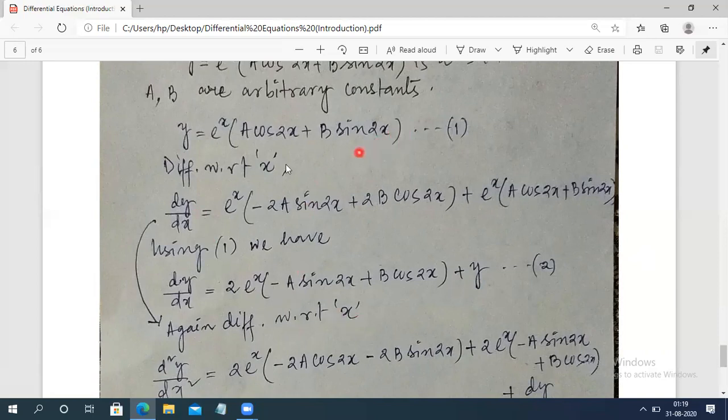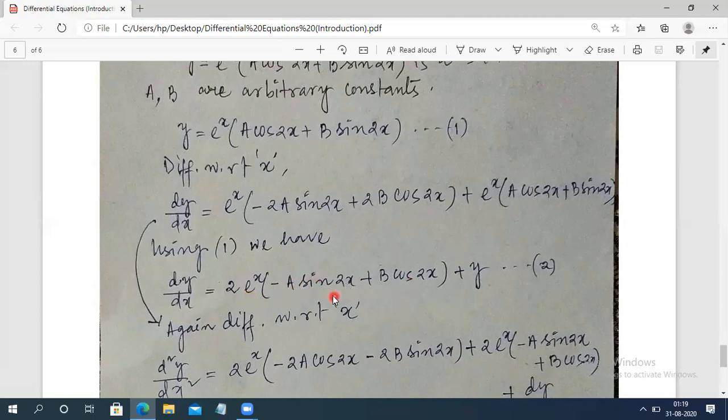So again we have to differentiate dy/dx. It will be d2y/dx square is equal to, using the product formula, e to the power x times the derivative of this term. We will get minus 2a cos 2x minus 2b sin 2x plus, now this whole term will remain the same.